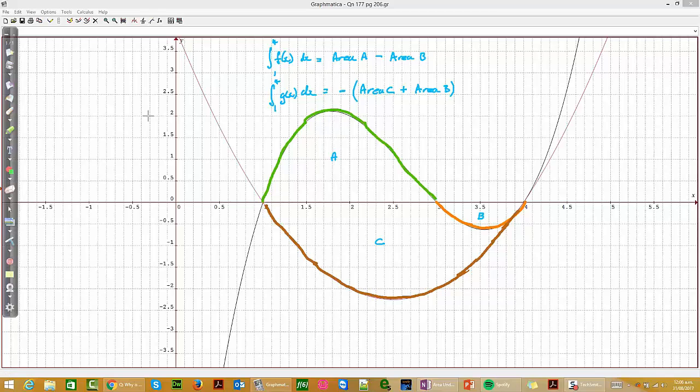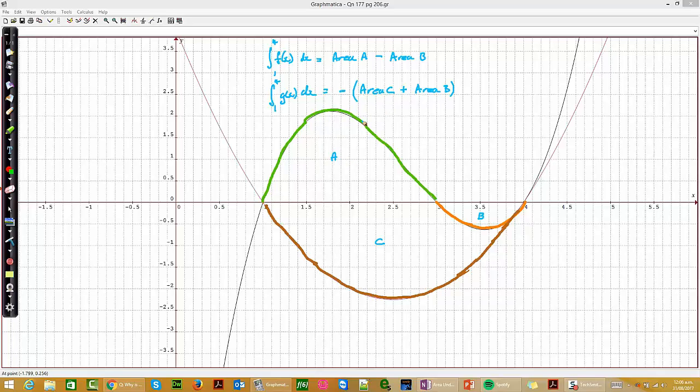So what we're going to have a look at here is question 177 on page 206. Now this is an application of this idea of getting the area between two curves, but I've deliberately taken one which has got some challenges to it.